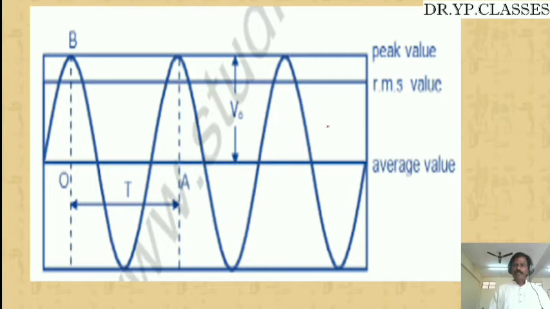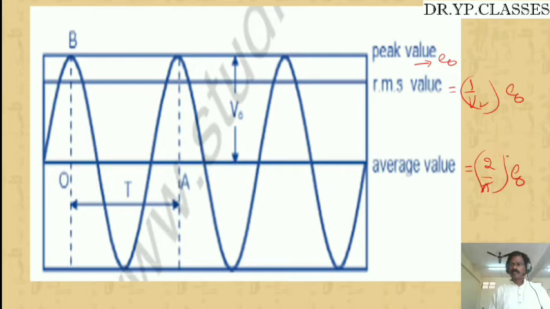The peak value is E naught, the RMS value is 1 by root 2 times E naught, and the average value is 2 by pi times E naught. These are the values we derived and showed you.